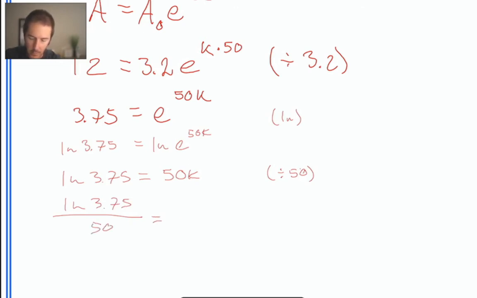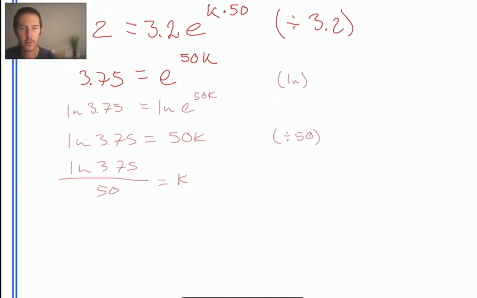Now, on the left-hand side, you'll notice that I divided the entire thing by 50, not just the 3.75, and that's important. So in our scientific calculator, let's get a k value. I've already got my 3.75 on screen. I'm going to hit the natural log button, which is up in the top row. I touch natural log, I get a number on my screen, 1.32175, blah, blah, blah.